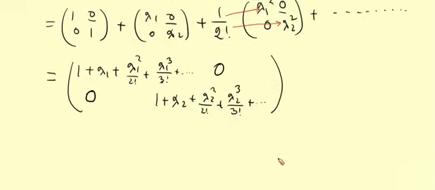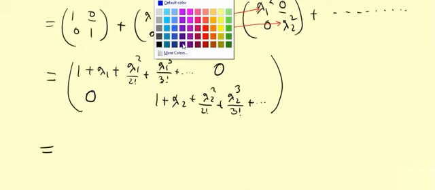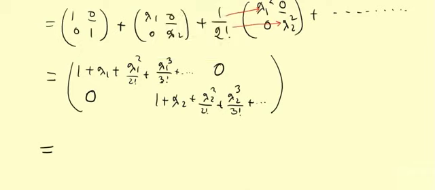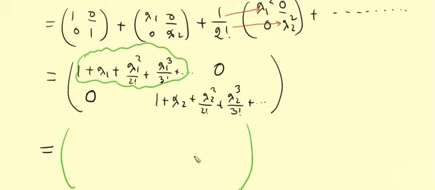Now if you notice, we actually have a very nice result, and that is this pattern over here. Let me just use another color to indicate that. This is an exponential pattern, that is, this series is just an exponential series of lambda 1. So now we can write this thing as e to the power, okay, this color doesn't seem pretty good on here, so let me just get rid of these things.